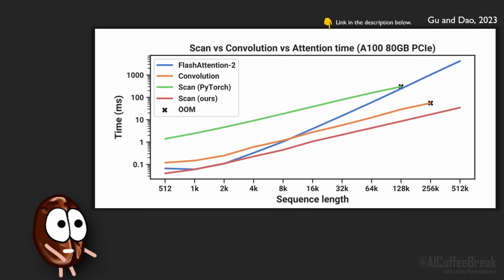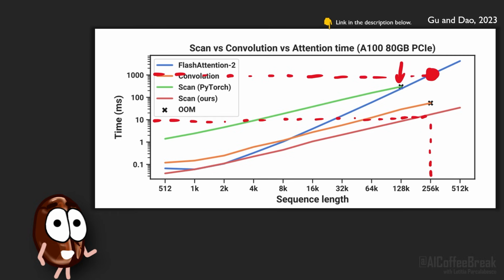And this is no wonder, since FlashAttention-2 in transformers needs way more time with increasing sequence length than the incredibly optimized MAMBA scan. At 256,000 long sequences, where a naive scan implementation in PyTorch goes out of memory, MAMBA scan needs 10 milliseconds, while FlashAttention-2 needs about 1,000 milliseconds. Yes, the y-axis uses logarithmic scale.